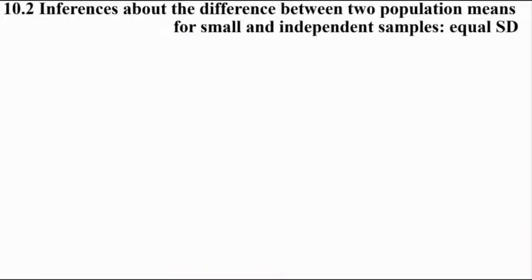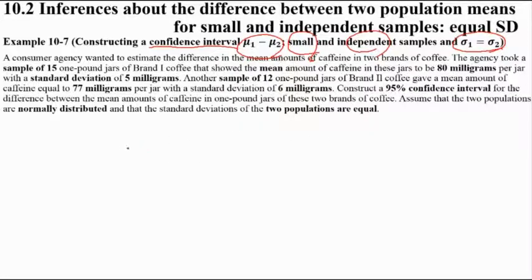Alright, so let's try one example today for the confidence interval, the last problem for mu1, mu2. Make sure the samples are small, independent, and the standard deviations should be the same, which means unknown. What's the question? A consumer agency wanted to estimate the difference in the mean amount of caffeine in two brands of coffee.